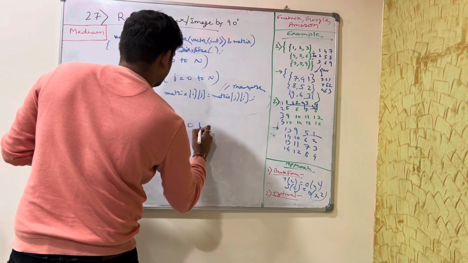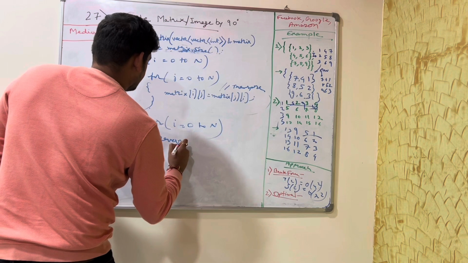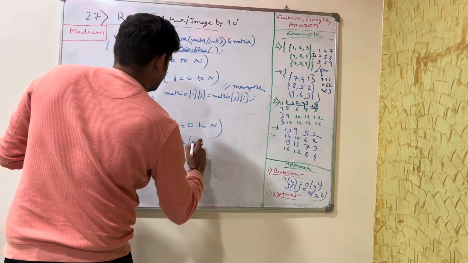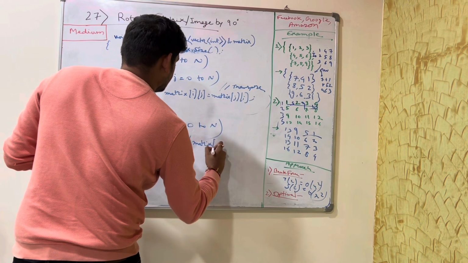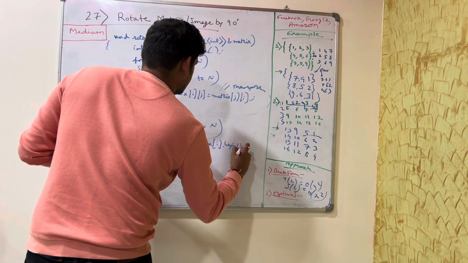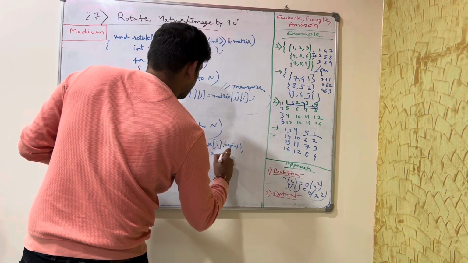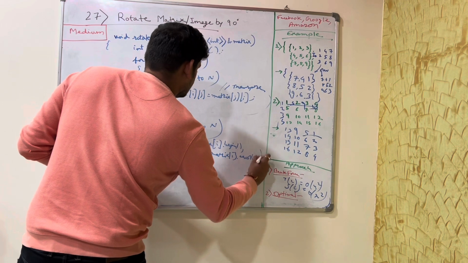For i equal to 0 to n, we'll use the reverse STL function to reverse matrix[i].begin to matrix[i].end.